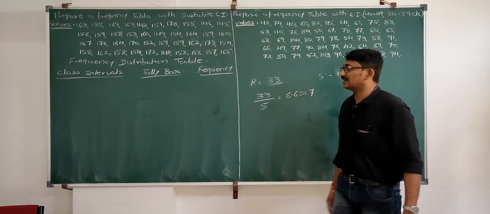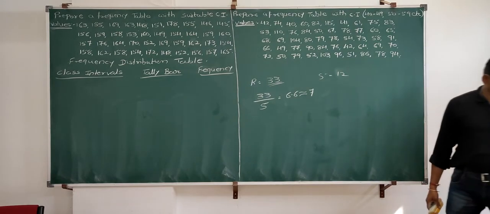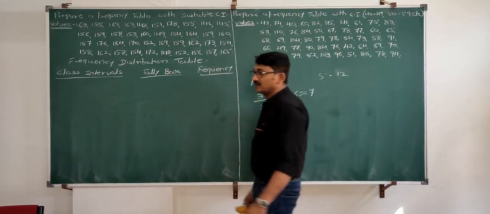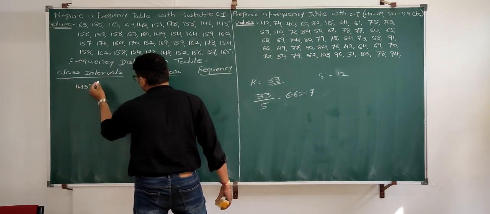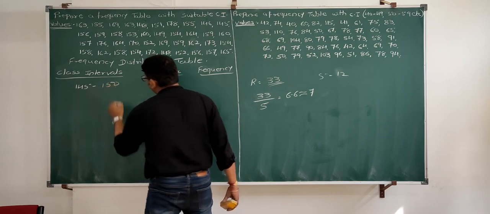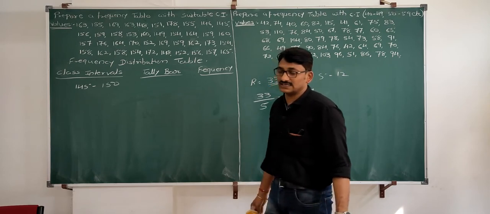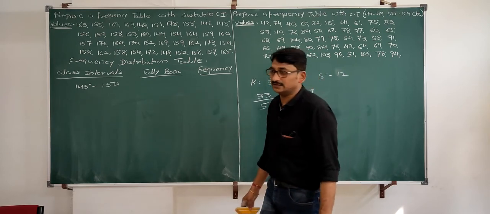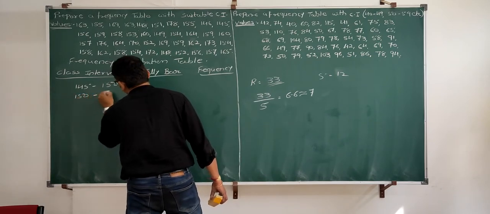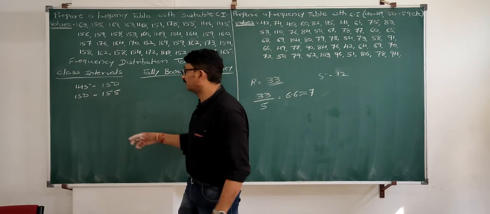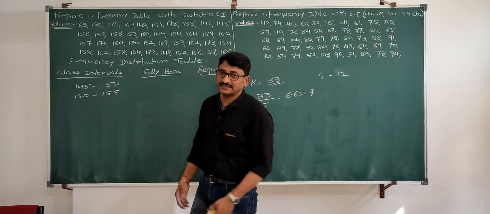Now how to start with the class interval? What is the lowest value in this problem? 145 is the lowest value. So I'll start with 145, and keep the difference of 5. I'll make it the exclusive method. Whenever classes are not given, go for the exclusive method. Then the next class will be 150 to 155. Why is it exclusive? Because the upper limit of one class is repeated as the lower limit of the next class.